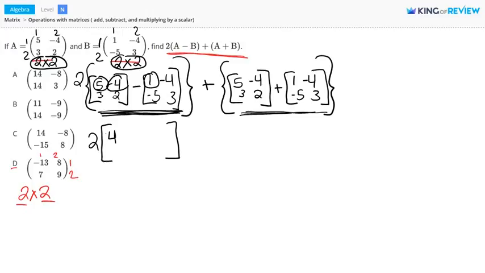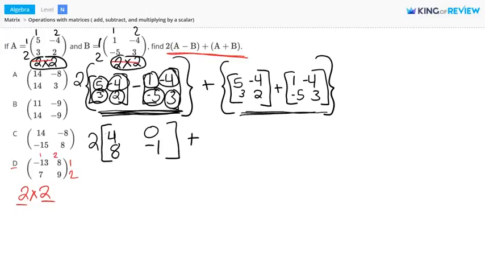Now we have negative 4 minus a negative 4, which is the same thing as negative 4 plus 4. So this equals 0. Now we have 3 minus a negative 5, which is the same thing as 3 plus 5. So this is 8. And we have 2 minus 3, which is negative 1.